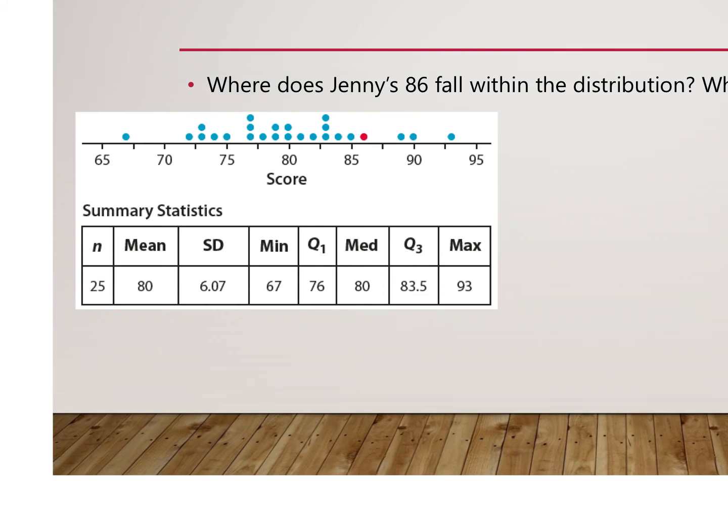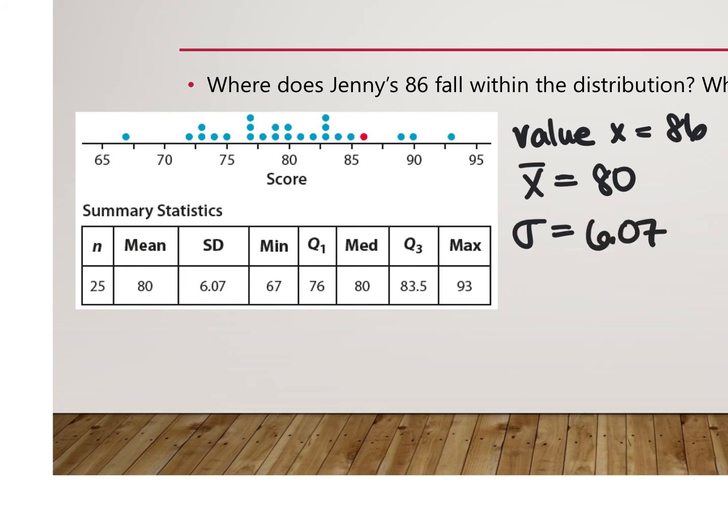So 86 is going to be the value x. What is our mean, x bar? 80. And what is our standard deviation? 6.07. So this is the information I need to calculate the z-score, just the mean and the standard deviation.